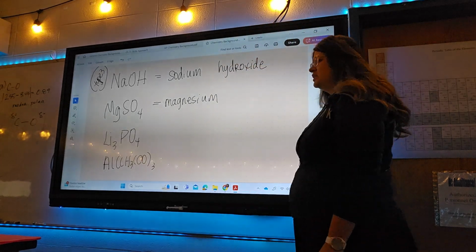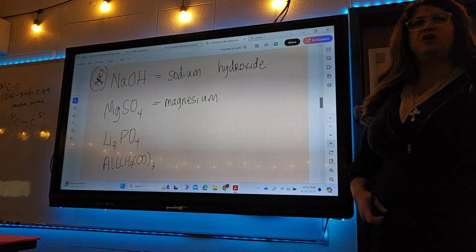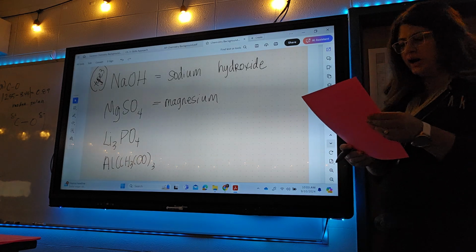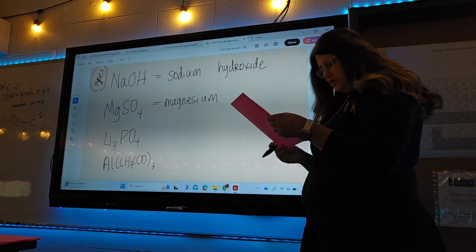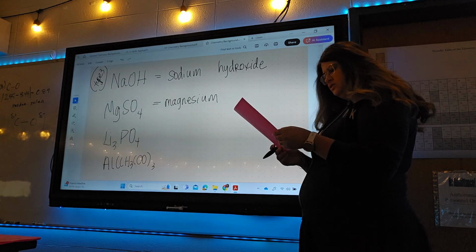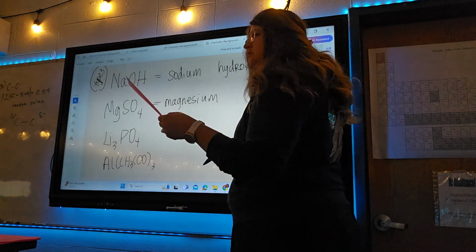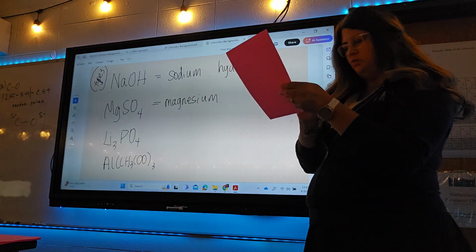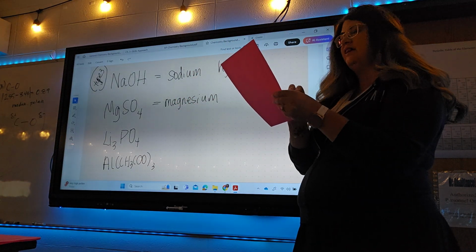And now, because I know that I have more than 2 capital letters, I have to find SO4 on my pink sheet. So I'm going to look, and it's almost like 2/3 of the way down. Do you see it? Okay, it is from the bottom, 1, 2, 3, 4, 5, 6, 7.